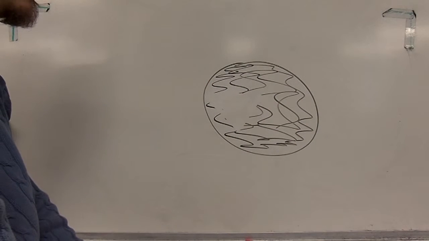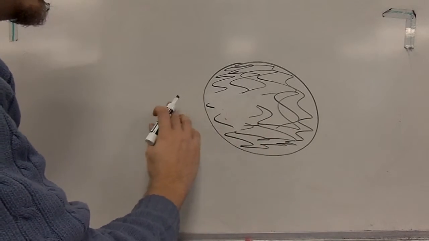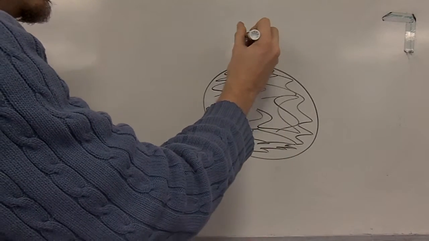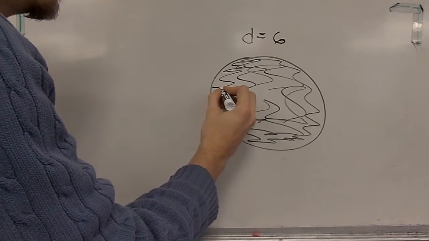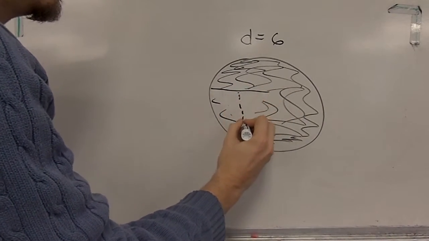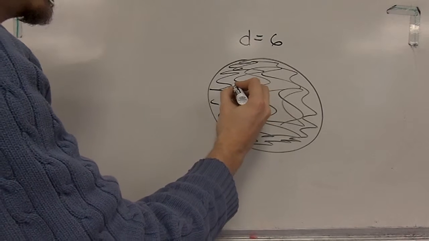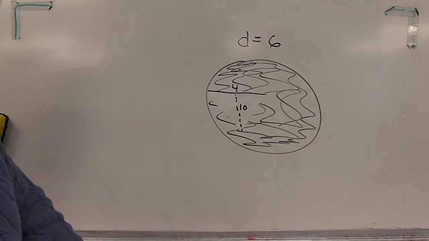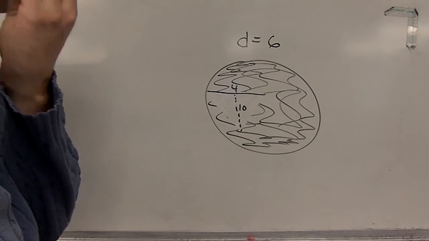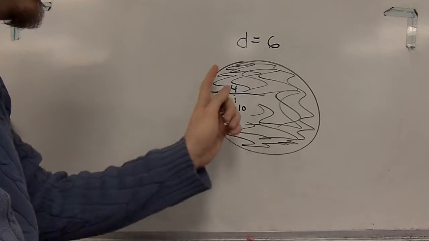They will tell you that the diameter of the circle is 6. They'll give you the dimensions to the triangle. Let's say the triangle has a 4 and a 10 for base and height. And they'll want you to find the area of the shaded region.